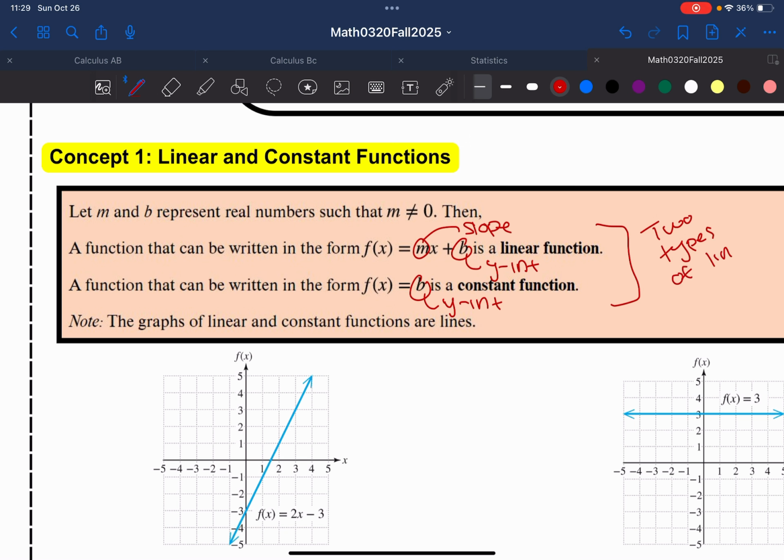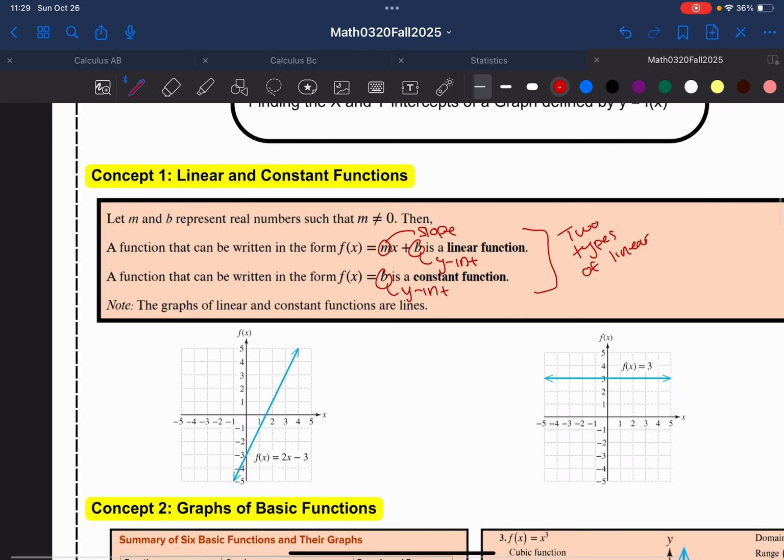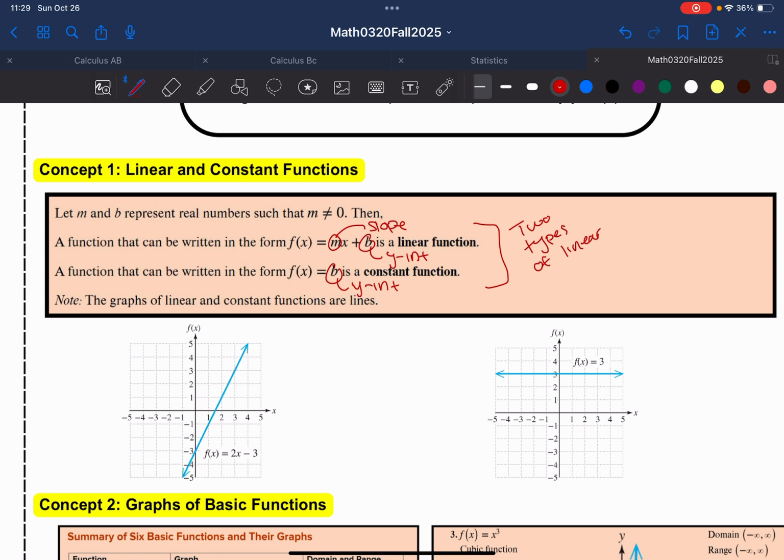A linear function and a constant function are two types of linear functions. So when we think of a linear function, it could be any type of line, right? It could be a vertical line, a slanted line going in the positive direction, a slanted line going in the negative direction, or a horizontal line.